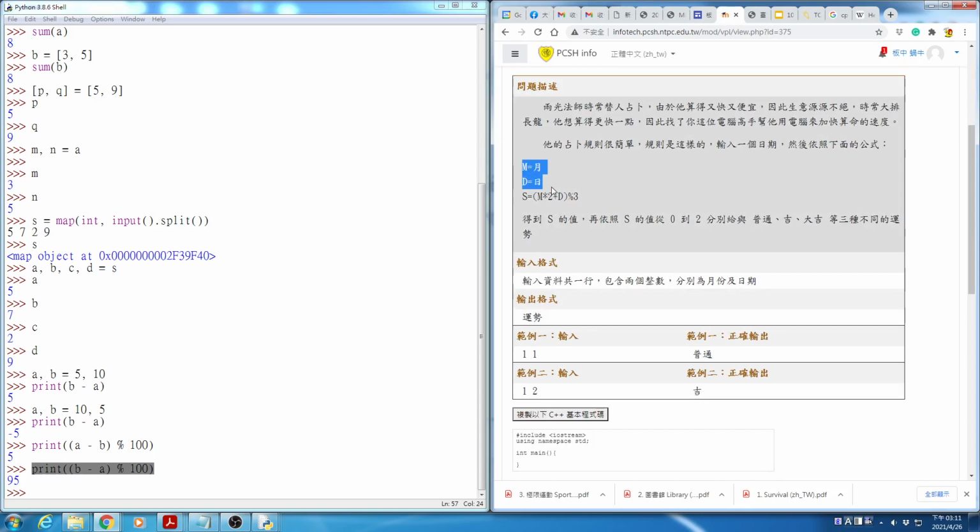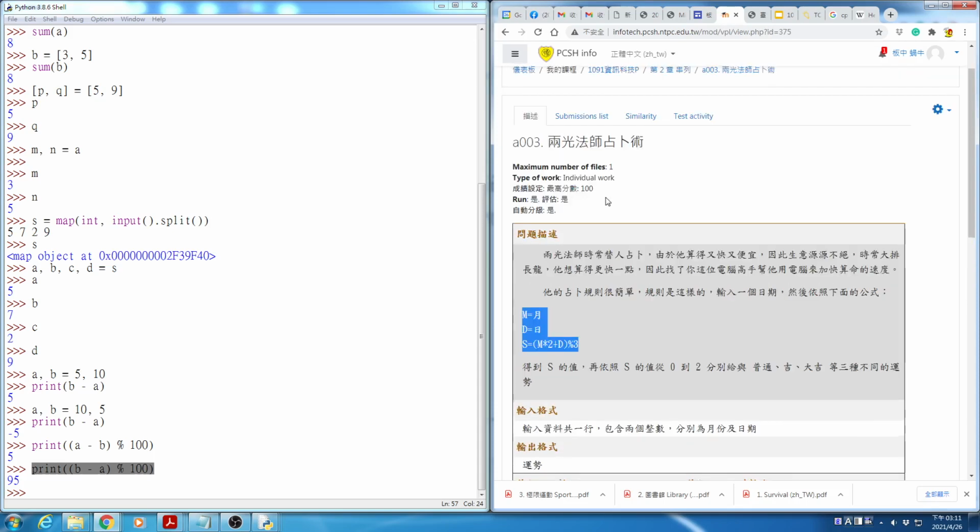You have this M and D, okay? This fortune teller is trying to tell the fortune for people, and the way he does his fortune telling is very easy.